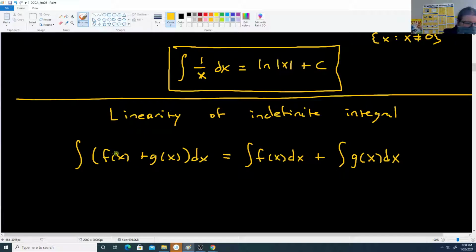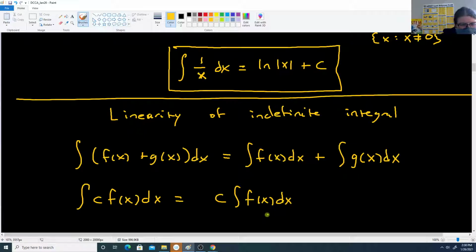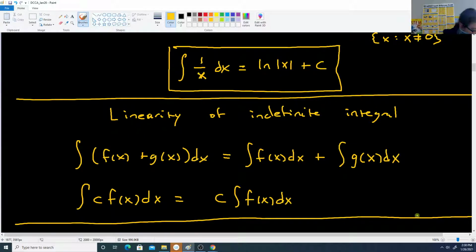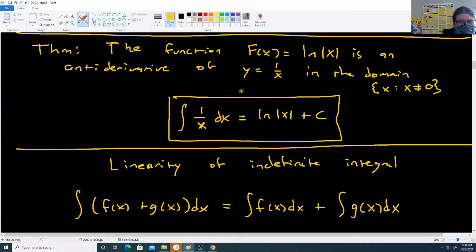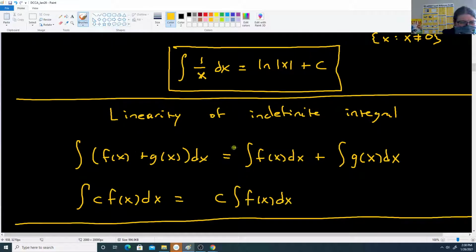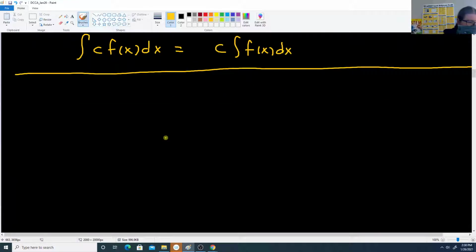So we're able to treat the individual terms independently and then add up their results. It also says if I have a constant that's being multiplied to my function f of x, I'm able to push the constant out in front of the integral like that. So this is linearity. We can use that. And now that we have our power rule, we have how to integrate 1 over x, and we have linearity, we'll do a couple examples of taking antiderivatives.